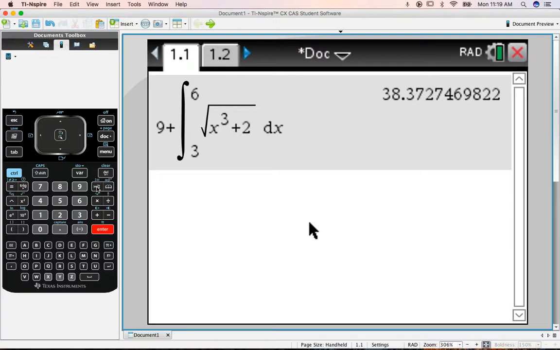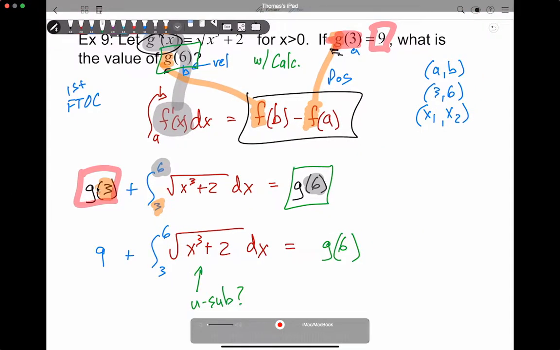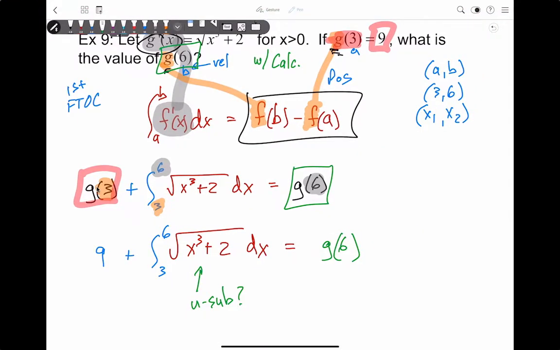This would be 38.373. Because I'm a rounding kind of person, I'm going to go ahead and write that out. So let me go to g of 6. My final value of g of 6 is going to be 38.373. And by default, remember, just like we did before the break, we're always going to do it in 3 decimal places.